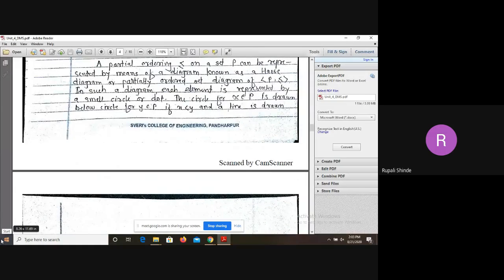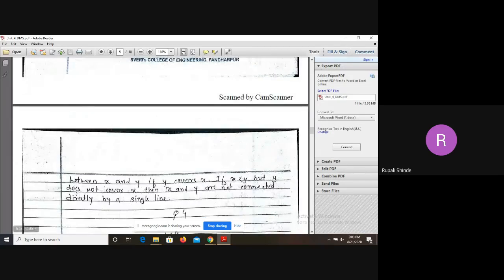Suppose there are two different elements x and y, and x is less than y. So we have to fix now what is the position of x. Here x is less than y, so we should draw the circle for x below the circle for y, and we are going to connect these two elements by a line if and only if y covers x.